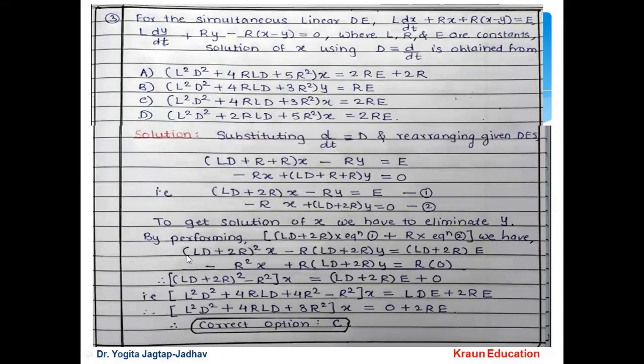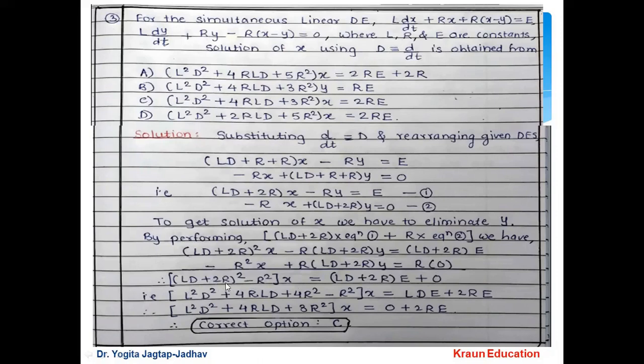By adding these terms of x, we have ((LD plus 2R) whole squared minus R²) operating on x equals, on the right-hand side, (LD plus 2R) into E plus R into 0. Now just simplify the square on the left side.